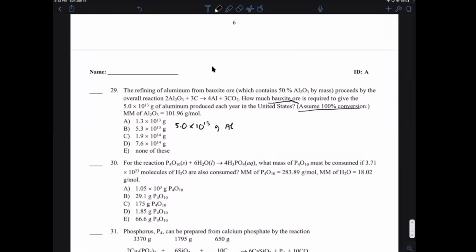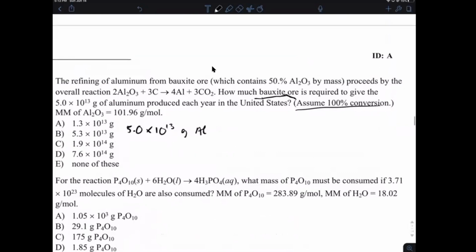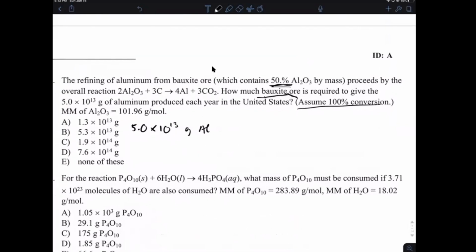So how can we get to bauxite from aluminum? It tells us 50% Al2O3 by mass. So if we can find how much Al2O3 there is, then we should be able to get the bauxite. What's our first step? Do we want it to be in grams, or should we convert to something else?